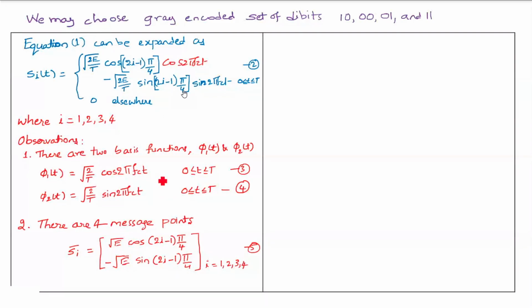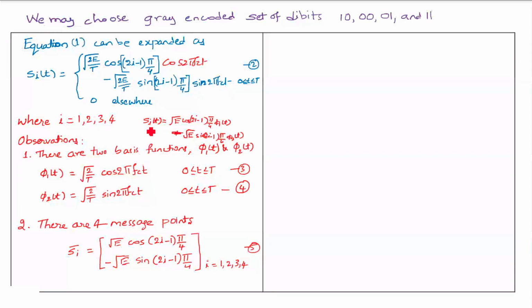So I can write s_i of t equal to root of E cos((2i minus 1) pi by 4) phi 1 of t, not plus, minus square root of E sin((2i minus 1) pi by 4) phi 2 of t.